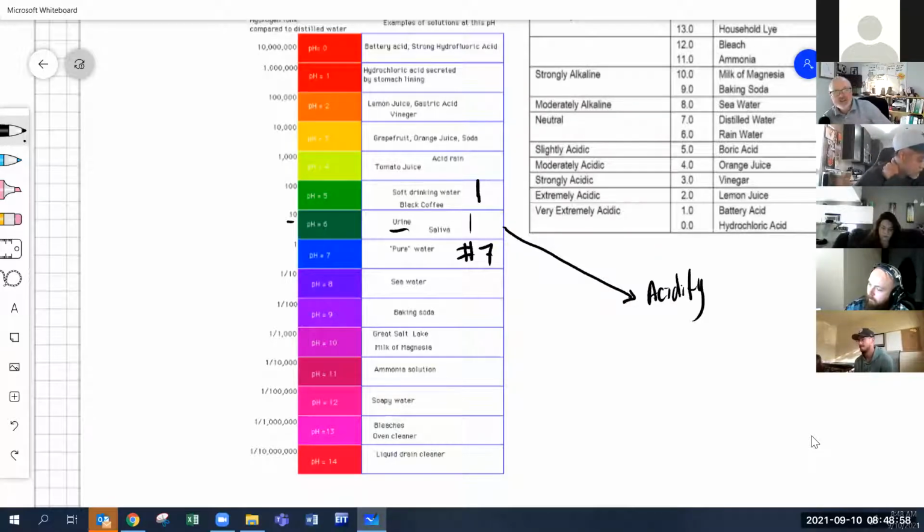Now look at tomato juice. Acid rain is very acidic. Does anybody know how we get acid rain? Way back when we started to really use gases to burn stuff and to gain energy and burn coal, highly sulfuric coal, all that stuff went up in the atmosphere and it was very acidic and it became acid rain, and it started to destroy forests in Ontario, maple tree forests where they harvested the sap for maple syrup.